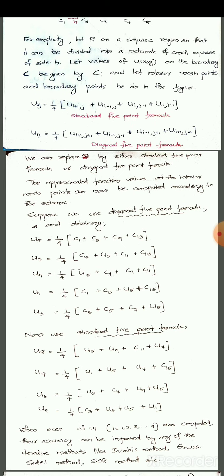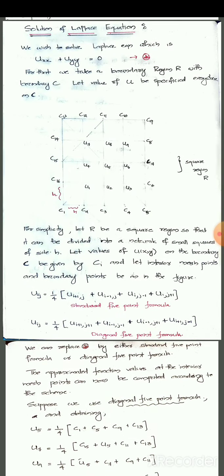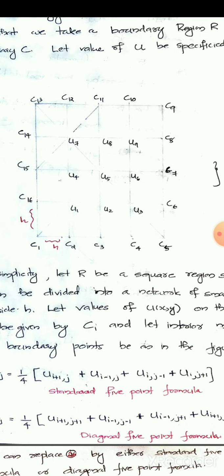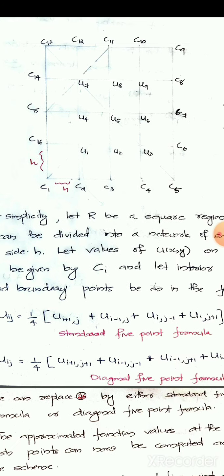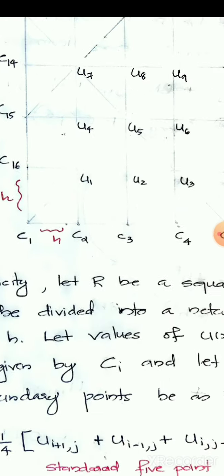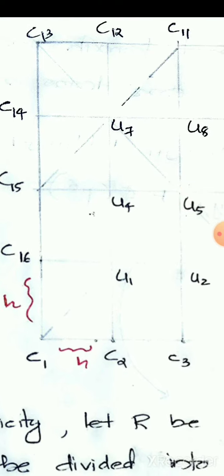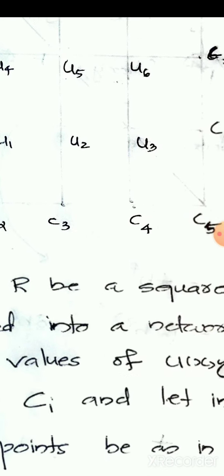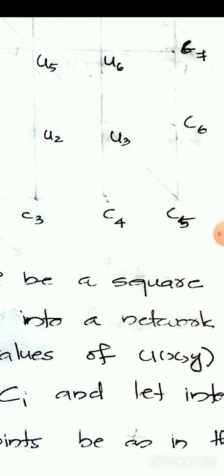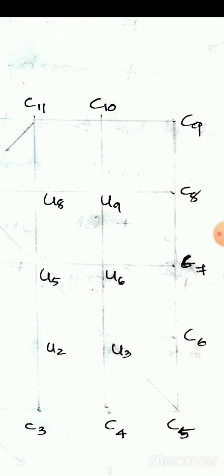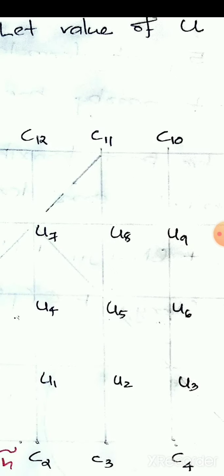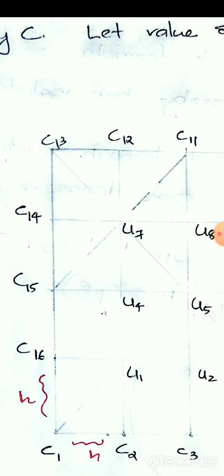Suppose we consider u5. u5 by the diagonal 5-point formula goes to C1, C5, C9 and C13.